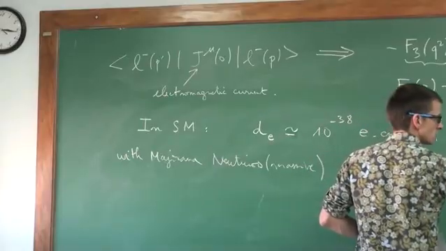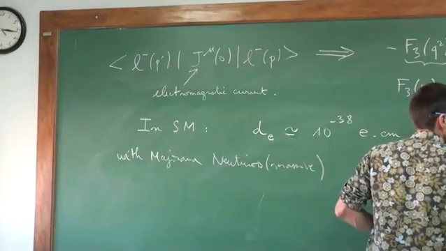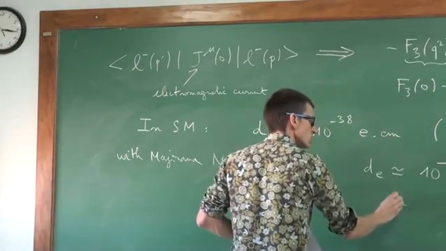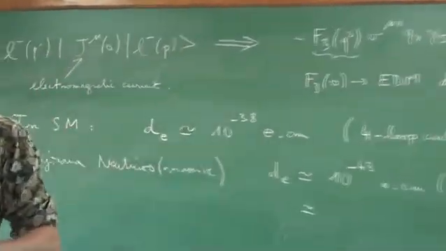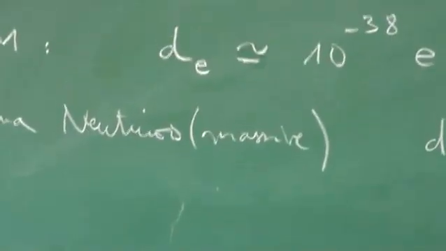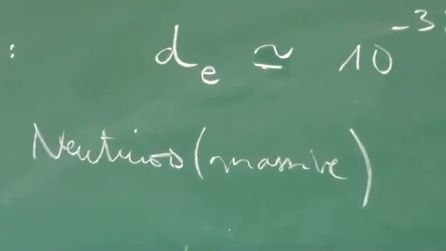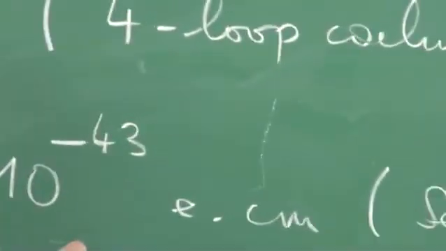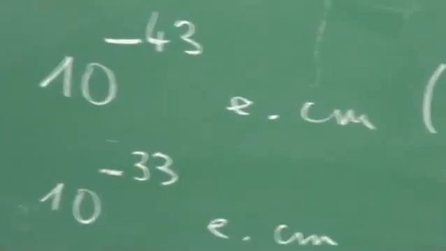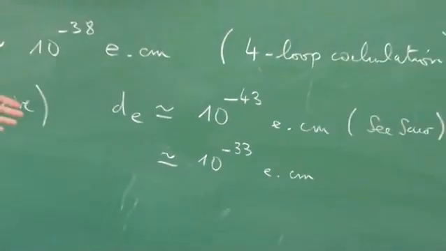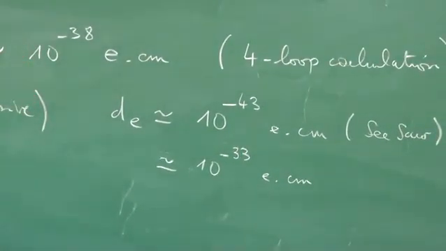This is in a seesaw mechanism. And in a fine-tuned way, which implies a tricky cancellation between the masses of neutrinos, we can find at best 10 to the minus 33. Okay, which is anyway beyond the experimental possibilities that we have today.